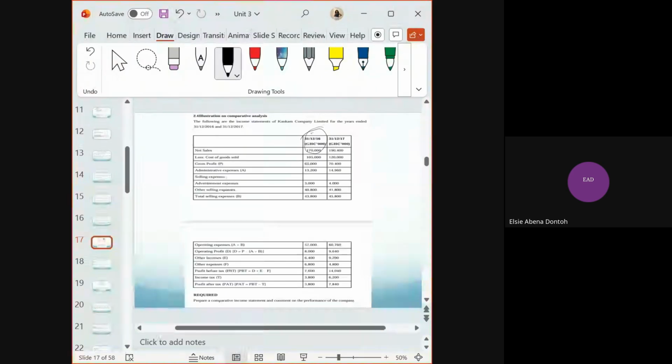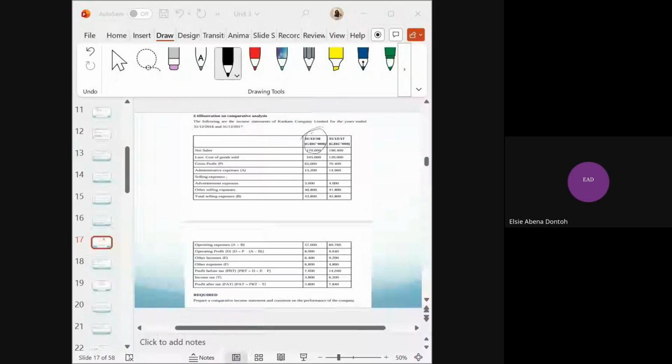So for the net sales for 2016, what is the figure? I want you guys to contribute here. What is the figure for net sales? Please, who is speaking? Mohammed, yes. Please, the figure for 2016 for net sales is 170,000.